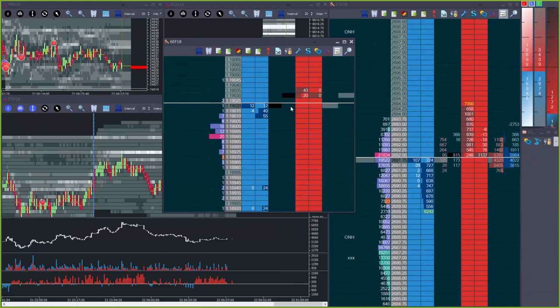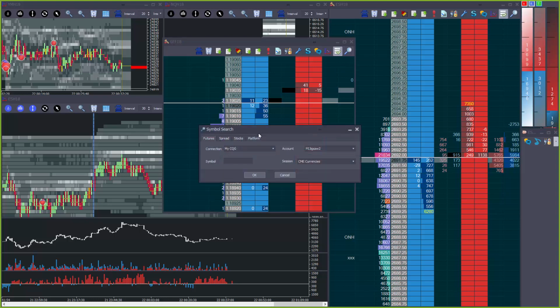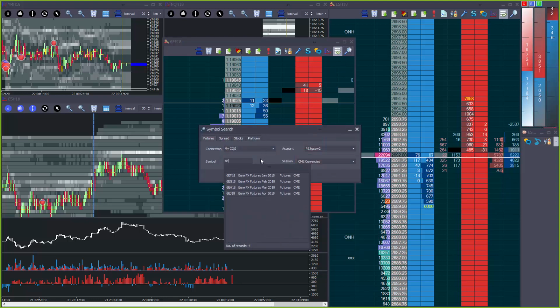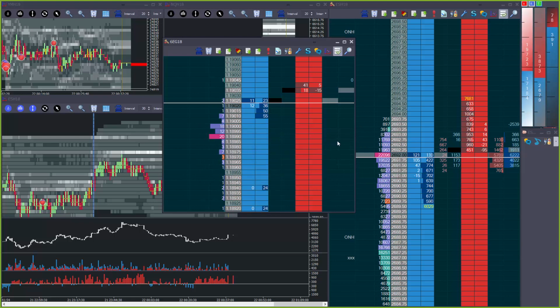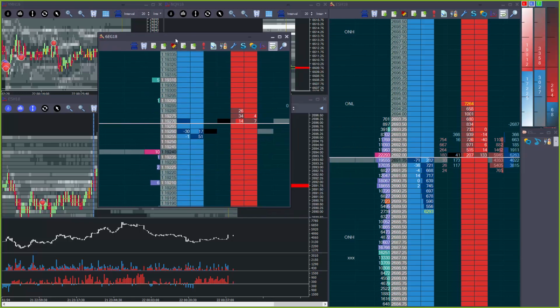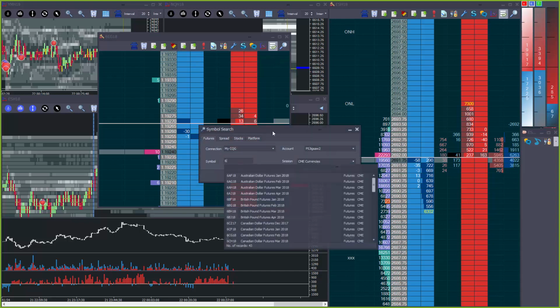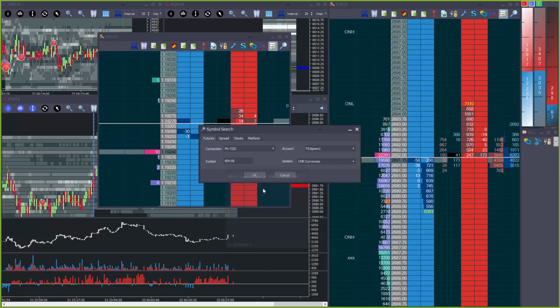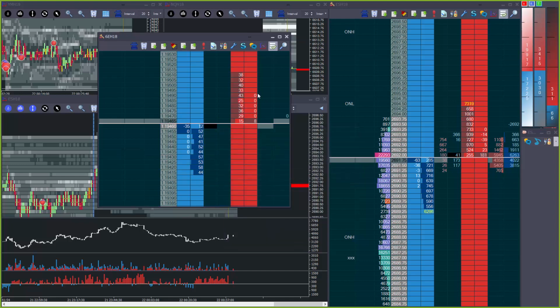Okay, so you can see right there, 6E. That's obviously not the contract that's trading the most. That's strange. It does look very liquid, doesn't it? There you go. Okay, let's just see what we've traded today.